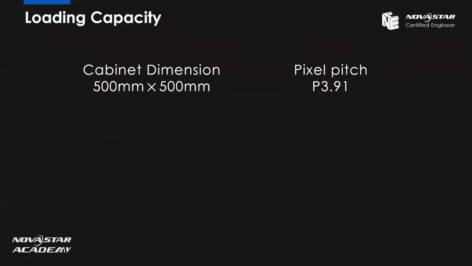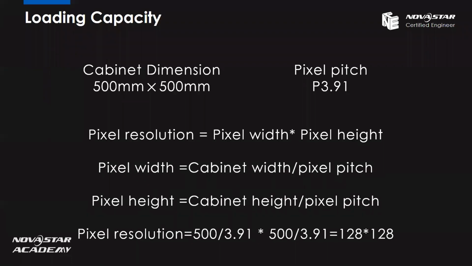Now, let's see an example. Here the cabinet dimension is 500 millimeters by 500 millimeters, and the pixel pitch is 3.91. The pixel resolution is equal to the pixel width multiplied by the pixel height.